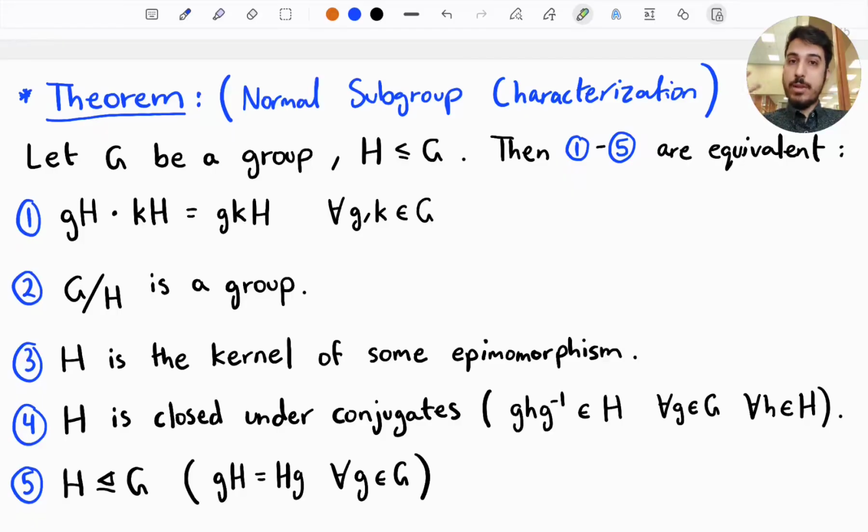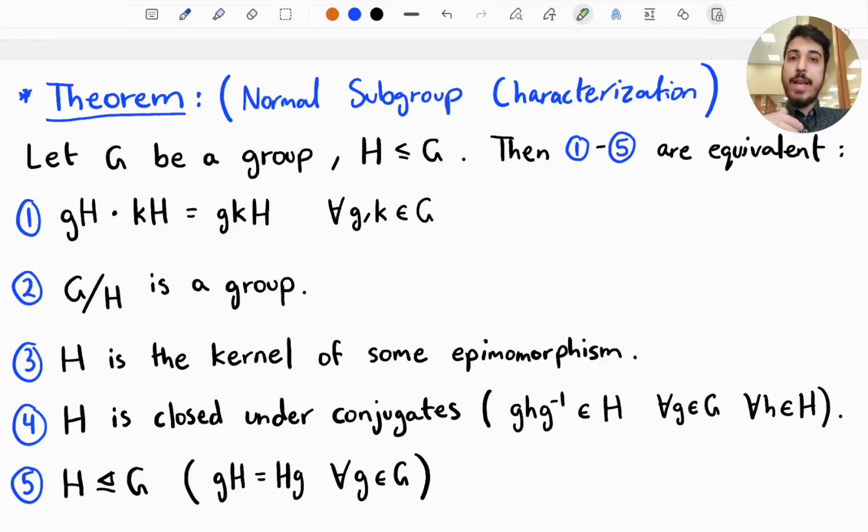And we will find out in the future, probably in the next couple of videos, that all kernels are normal subgroups. So essentially giving a one-to-one correspondence between normal subgroups and kernels.